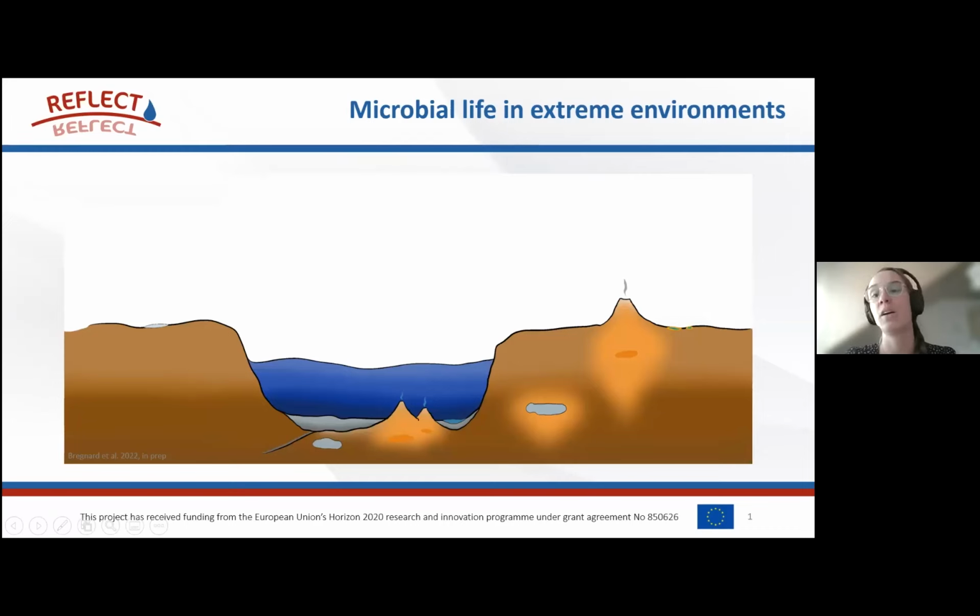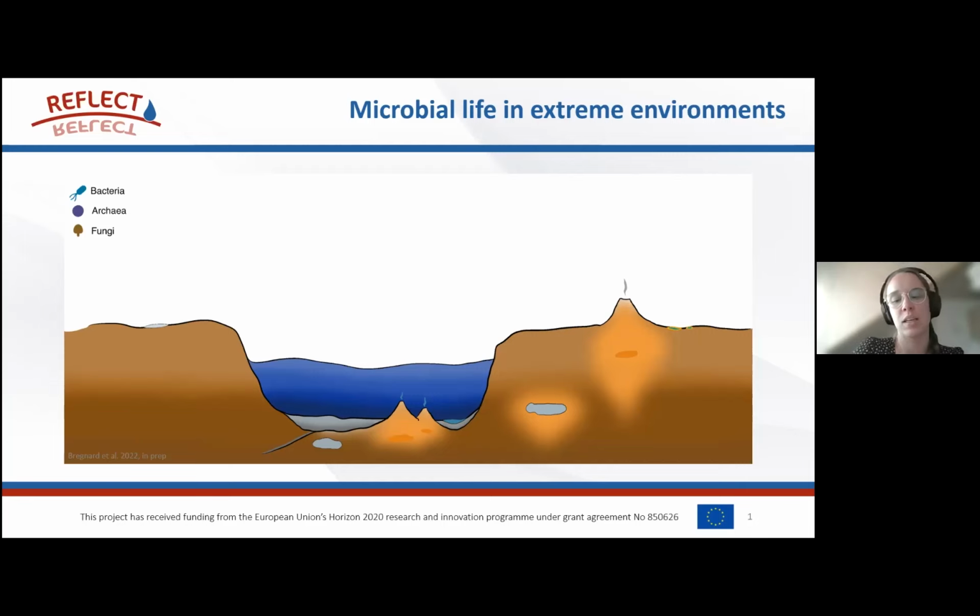Even though they are extreme, such as hot springs or underwater volcanoes or salt flats, for example, these ecosystems can still have some microbial life in them. We will focus on the microbial life composed of bacteria, archaea, and fungi. Bacteria and archaea are the most extremophilic microbes, but fungi can still be present under extreme conditions.